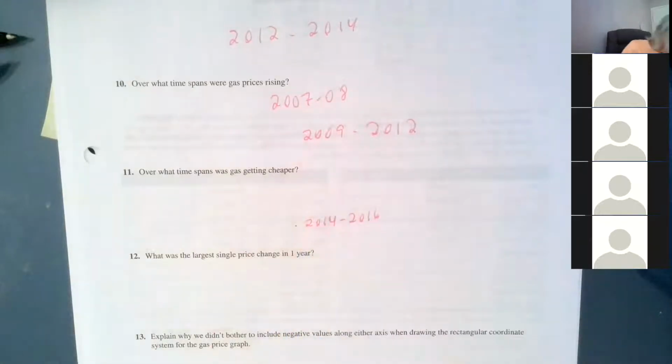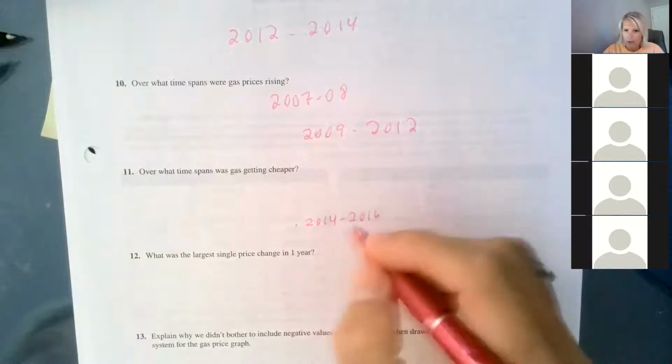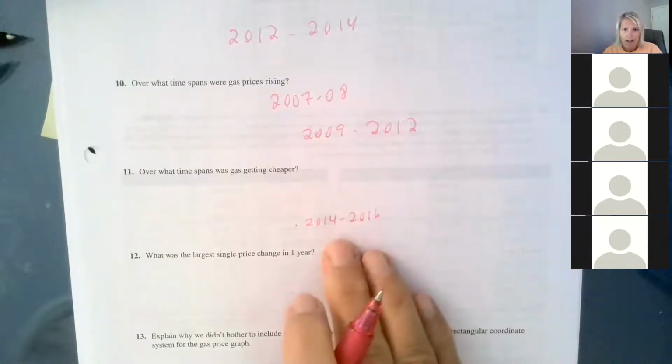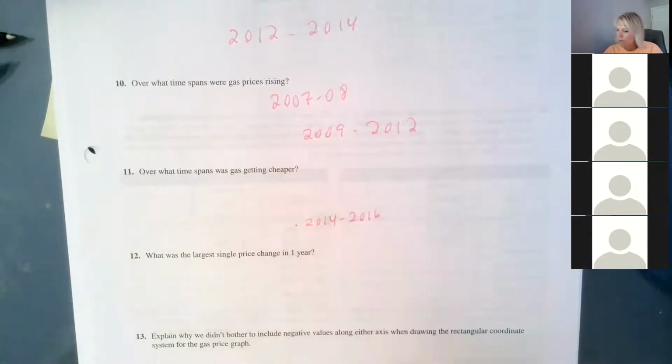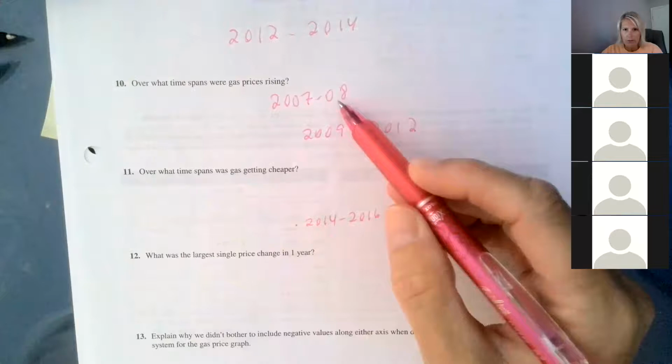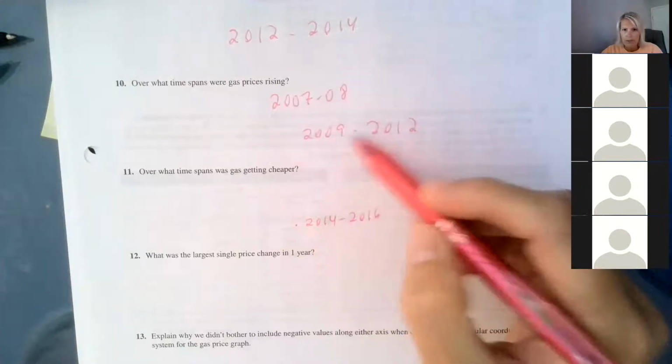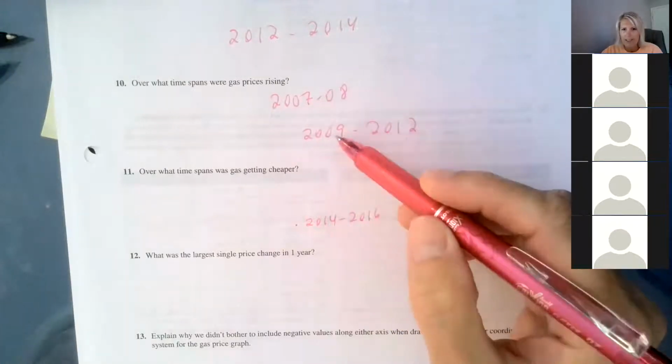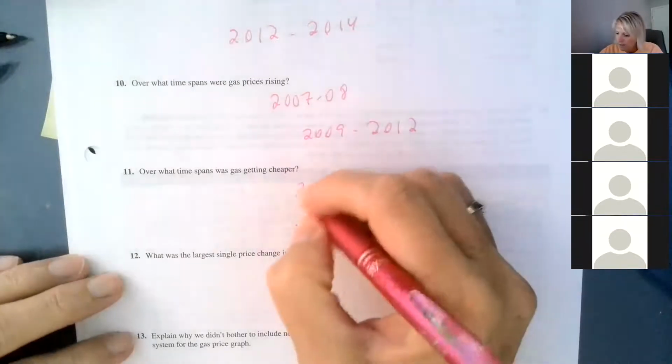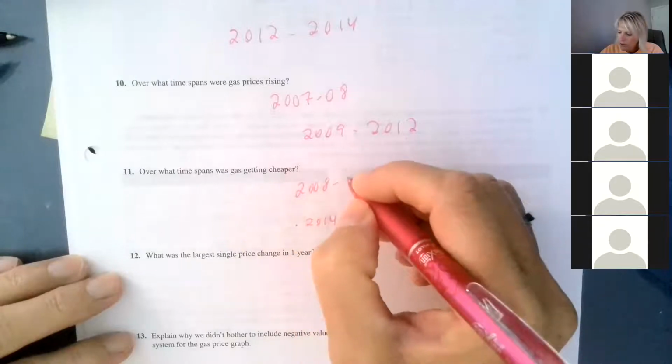Didn't it start declining in 2014? Well, the first decline was from 2014 to 2015, so yes, I agree, it's somewhere in there. Thanks, Kelsey. And then there was another one, because this jumped and then this jumped. So from 2008 to 2009, there was a decline, which was interesting.